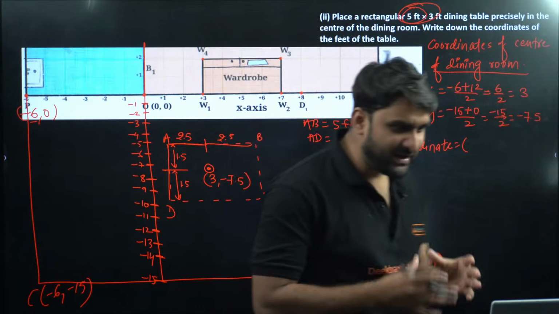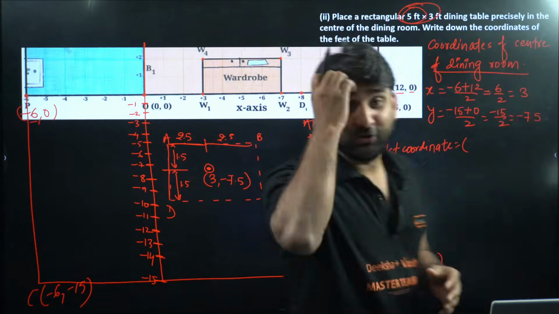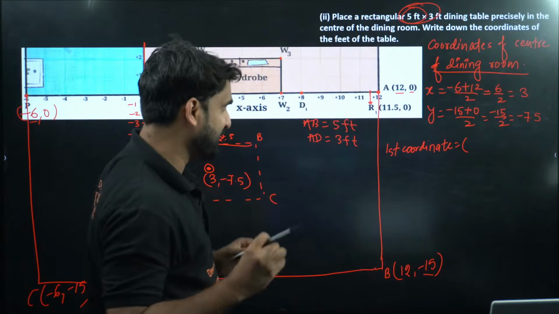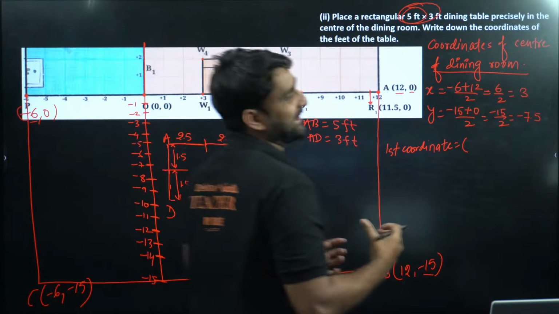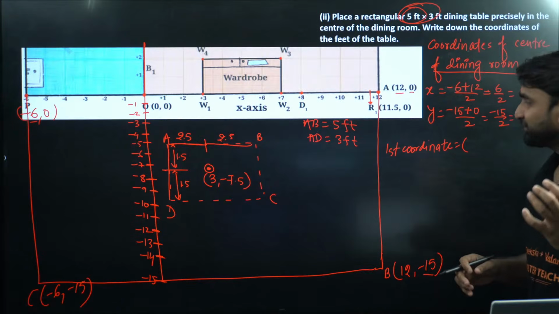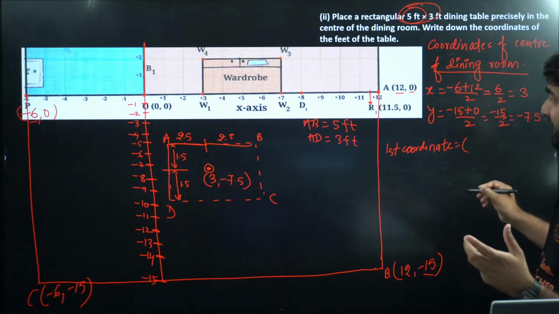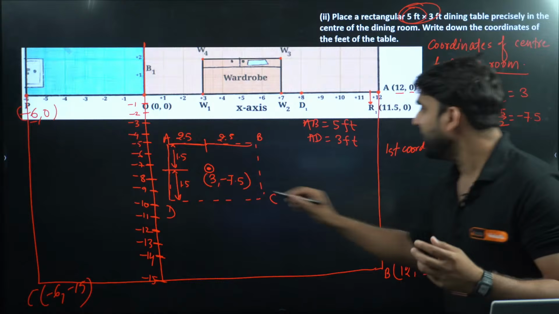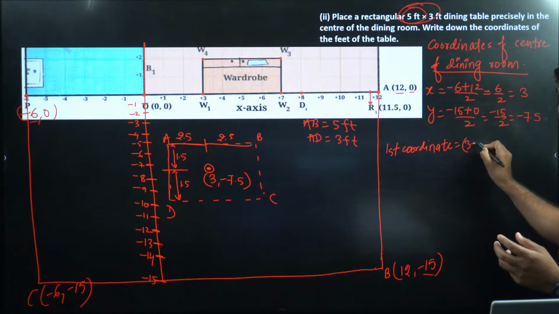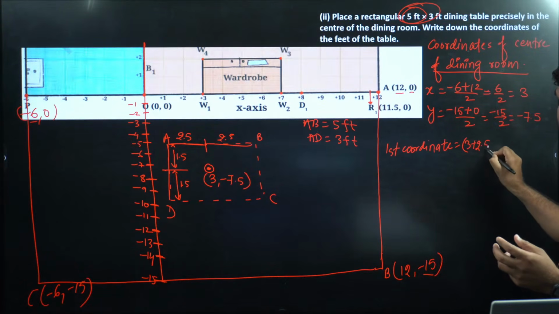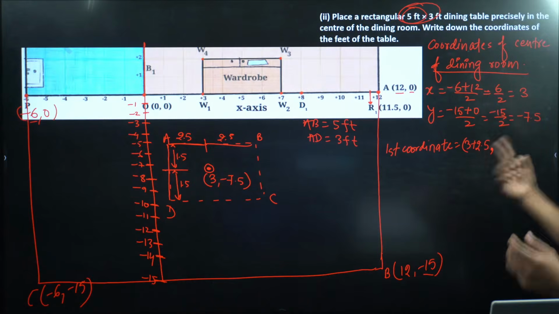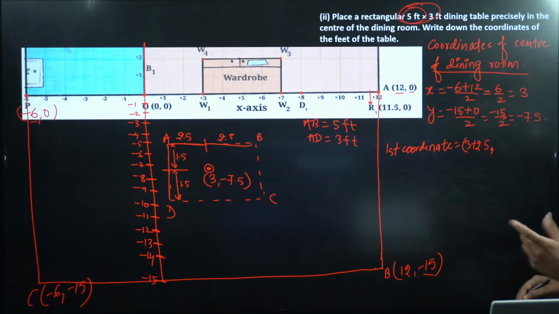Yes, clear everyone? So I'm giving you one very short logic. For the first coordinate, what you have to do? 3 plus 2.5, do this. And for the y coordinate, here also please add both.